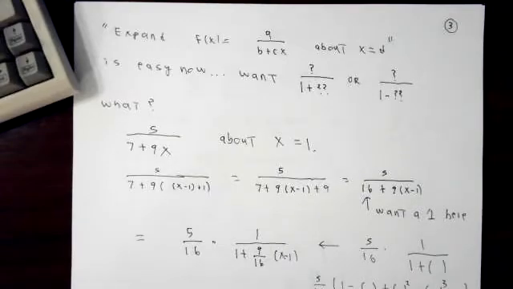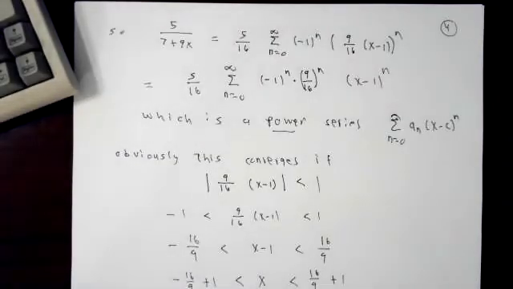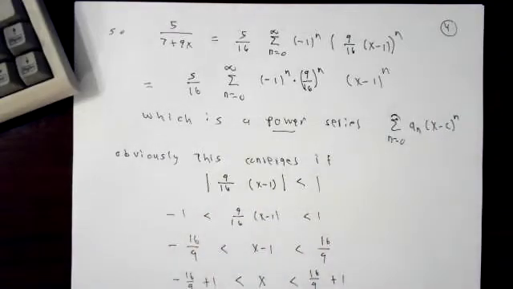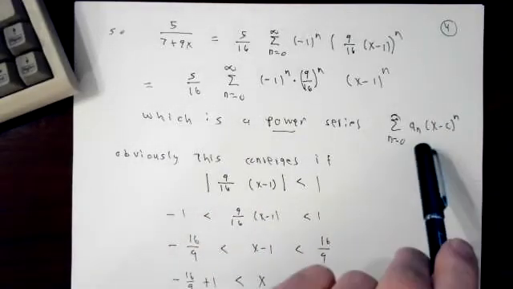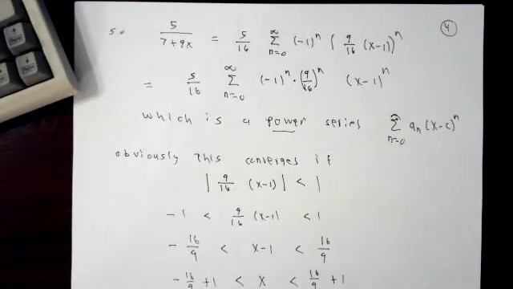It's 1 minus the something plus the something squared minus the something cubed, and so on and so forth, which, after rearranging the algebra a little bit, this is an actual power series now. It's a sum of constants times positive whole number powers of x minus c, the c being 1 in this case.